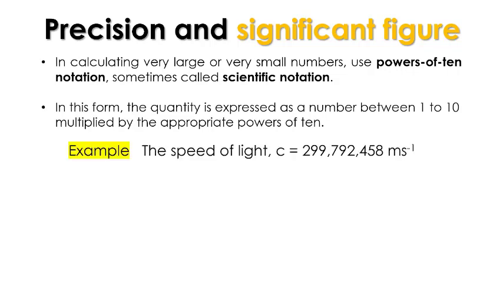For instance, the speed of light is 299,792,455 meters per second. By power of 10 notation, we can write the value with different numbers of significant figures.